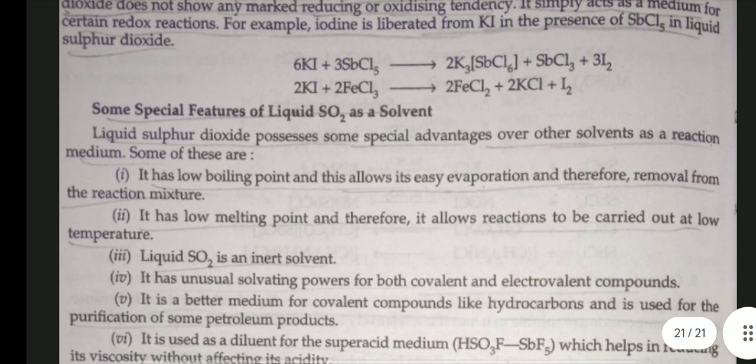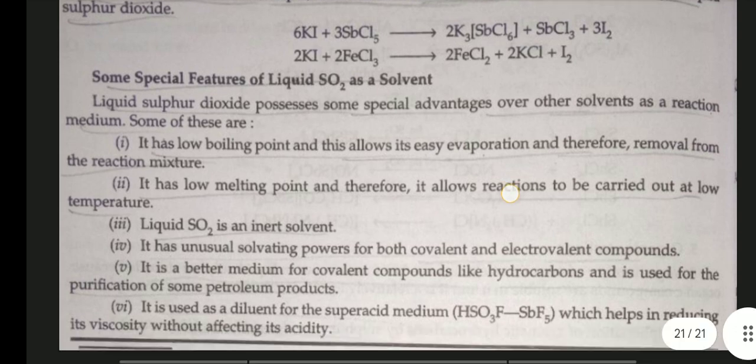Some special features of liquid SO2 as a solvent. Liquid sulfur dioxide possesses some special advantages over other solvents as a reaction medium. Some of these are: it has a low boiling point and this allows its easy evaporation and therefore removal from the reaction mixture. It has a low melting point and therefore allows reactions to be carried out at low temperature.